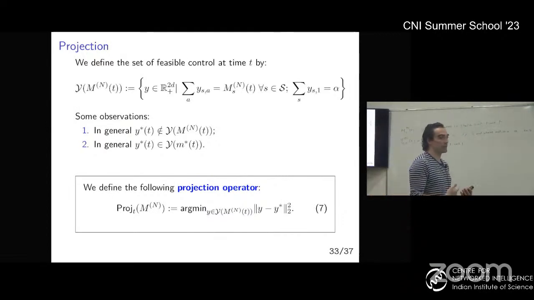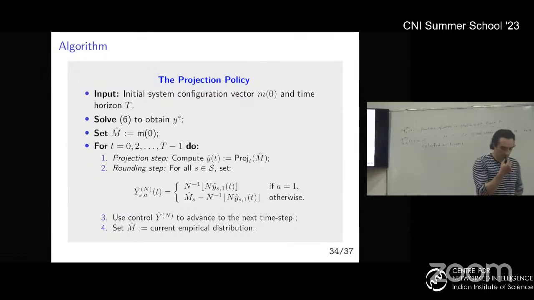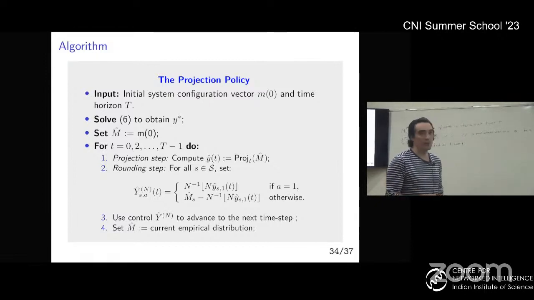Because actually our problem is about finite arms, so we have to decide an exact number, right? And the way to do that will be to do rounding. So let's go back again to see the projection policy. How does it work? And this is what you will have to program today. Actually, the lab is really quick because I've just described the different steps.